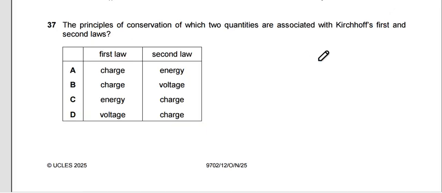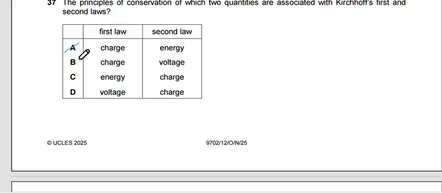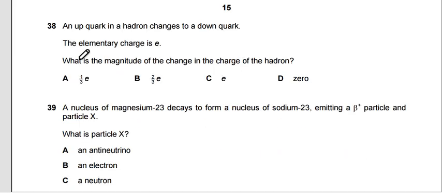The principles of conservation of which two quantities are associated with Kirchhoff's first and second laws? Certainly charge and energy. An up quark in a hadron changes to a down quark. The elementary charge is E. What is the magnitude of the change in the charge of the hadron?